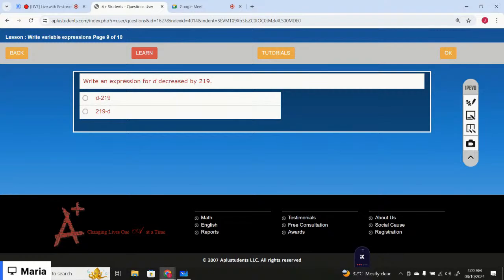Write an expression for d decreased by 219. Which is the correct option?